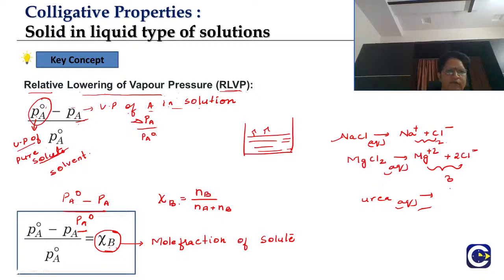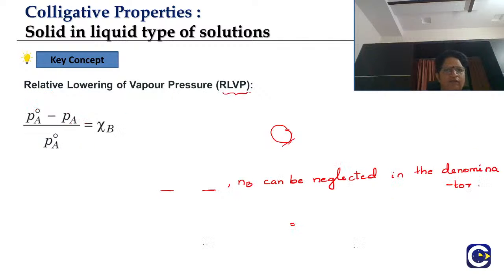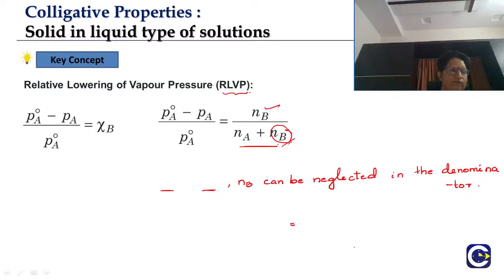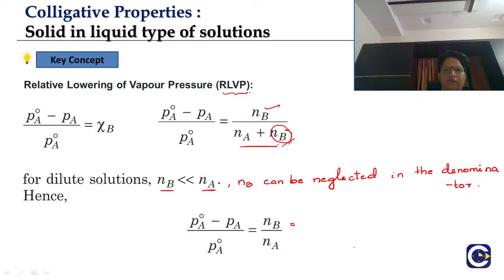Mole fraction of solute is number of moles of solute by total number of moles of solution. Since we are taking dilute solutions, number of moles of solute can be neglected in the denominator. So PA naught minus PA by PA naught is equal to NB by NA for a dilute solution.